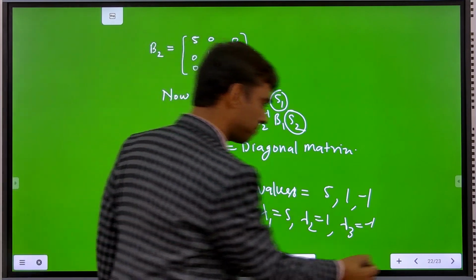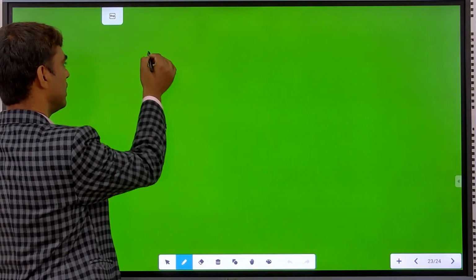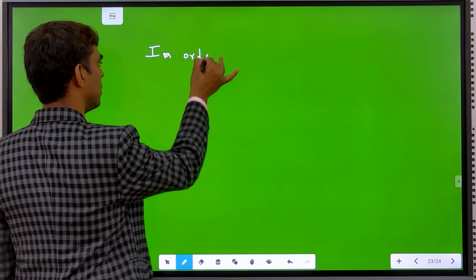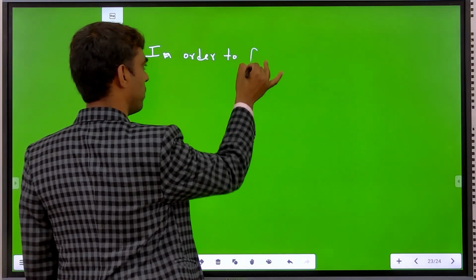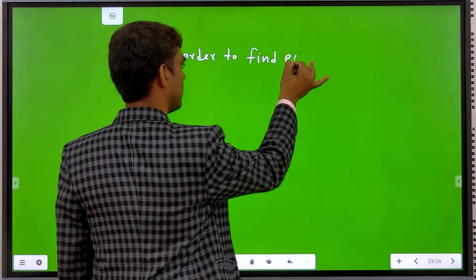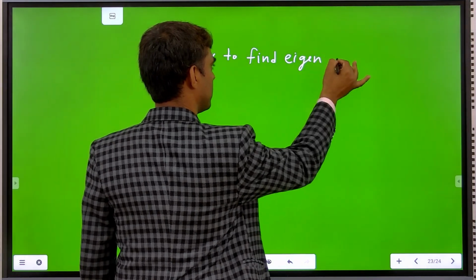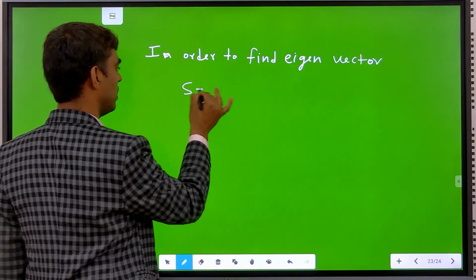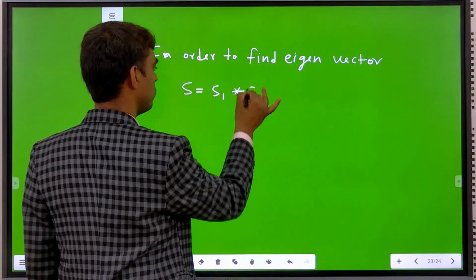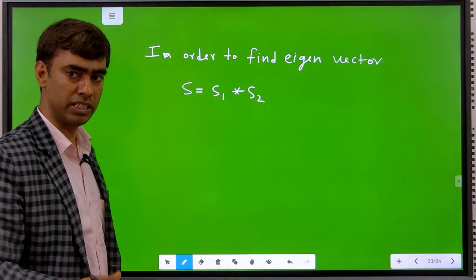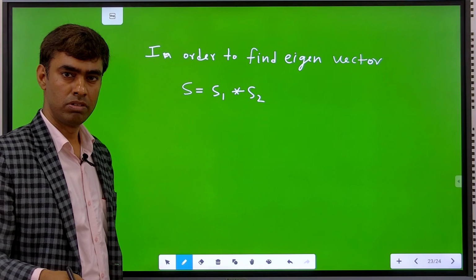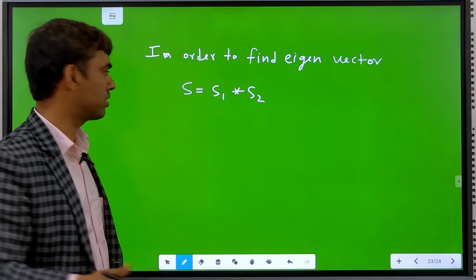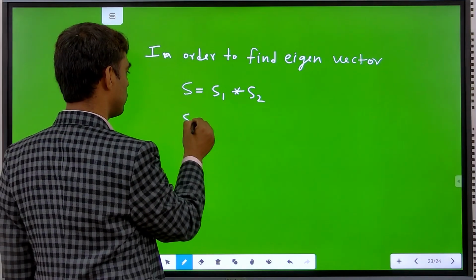So in order to find the eigenvectors, we calculate S equals S1 into S2, because here we use two transformations. If we used three transformations, then it would be S1 into S2 into S3, but here we use two, S1 and S2. So S equals what?